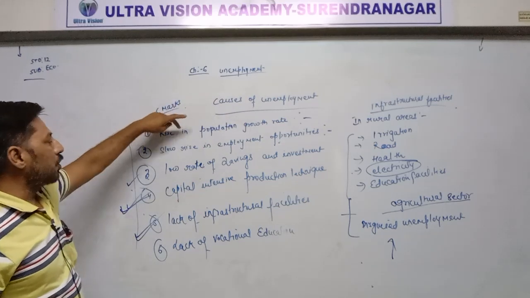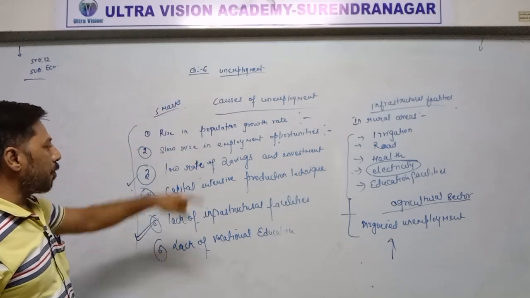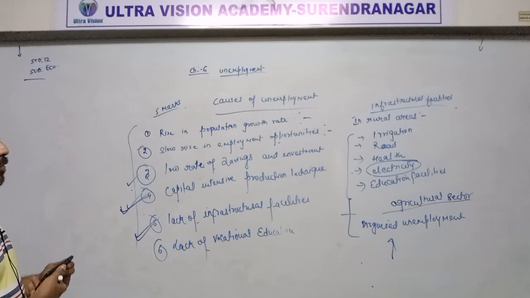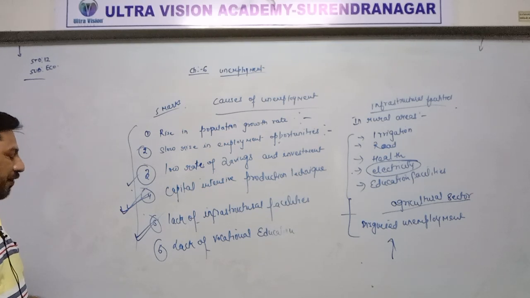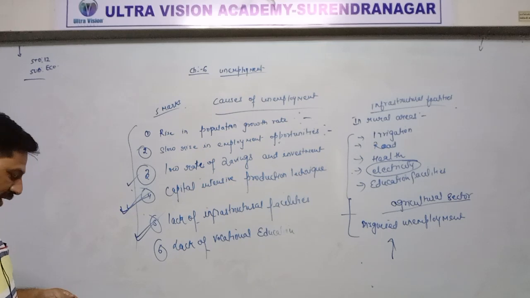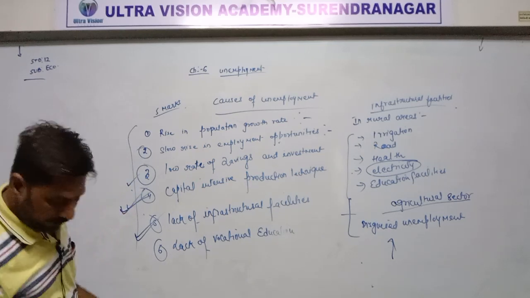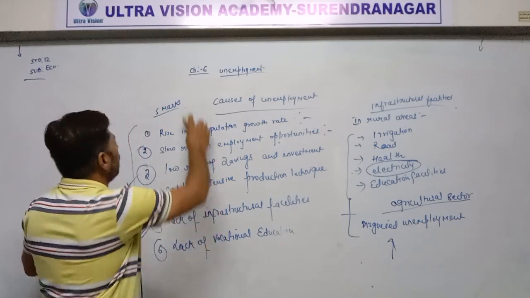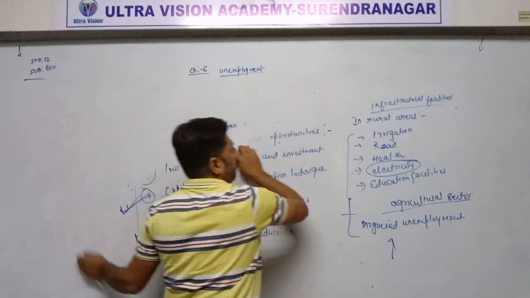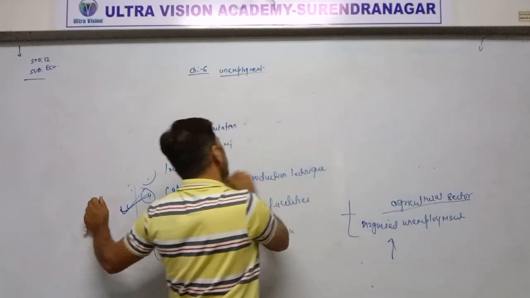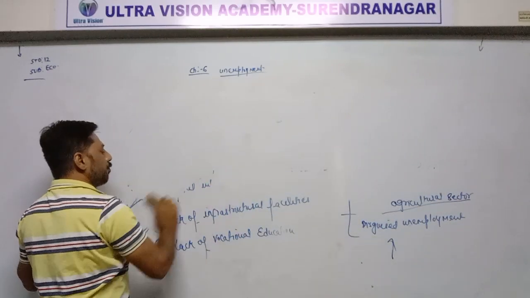So the causes are: rise in population growth rate, slow rise in employment opportunities, low rate of savings and investment, capital intensive production technique, and lack of infrastructural facilities. Types of unemployment completed, causes of unemployment completed.